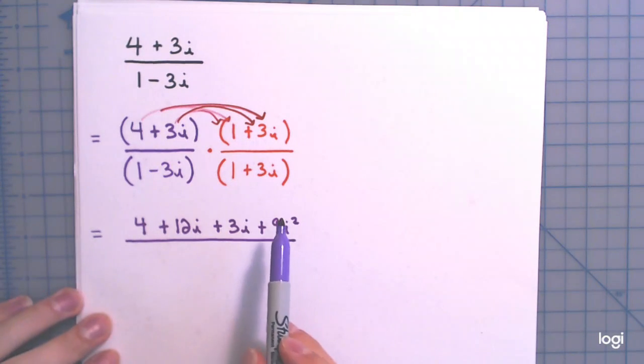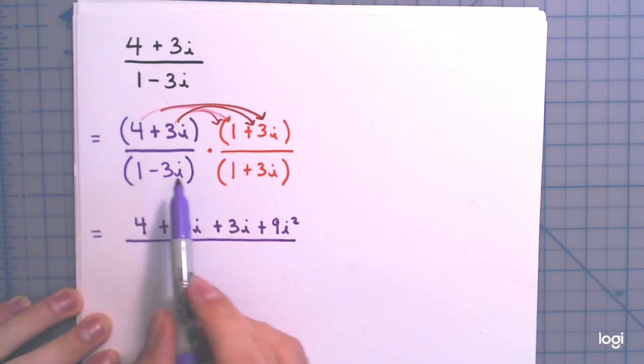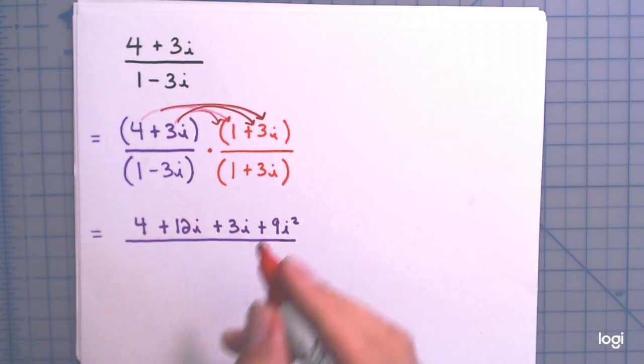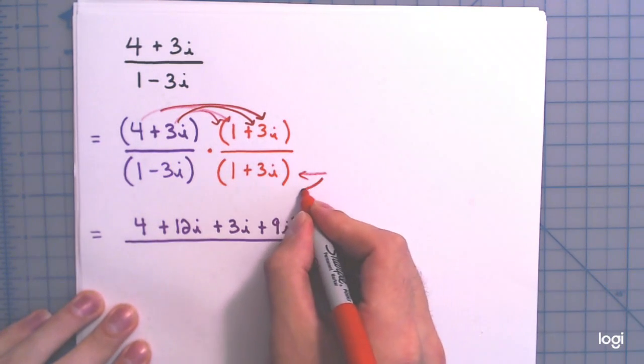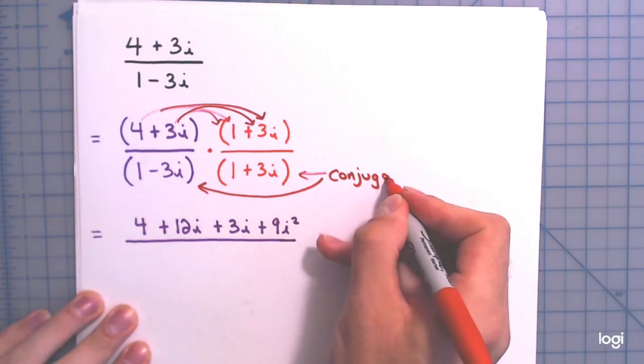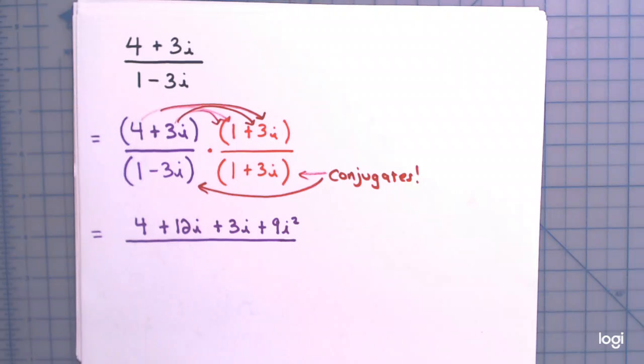Okay. Then the denominator, again, I already mentioned that these are conjugates. Alright, these two expressions in the denominator are conjugates. So if you recognize that, you don't have to do all the foiling.